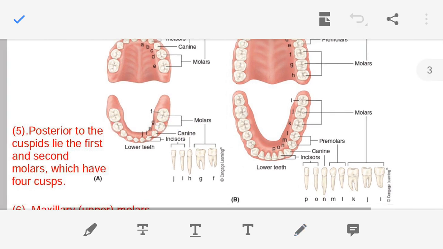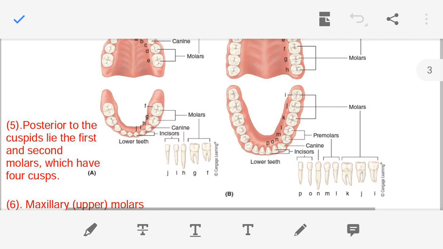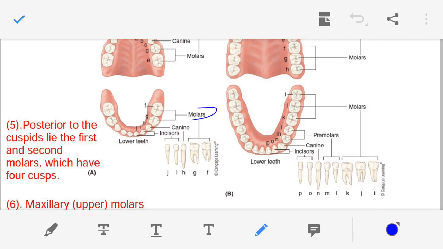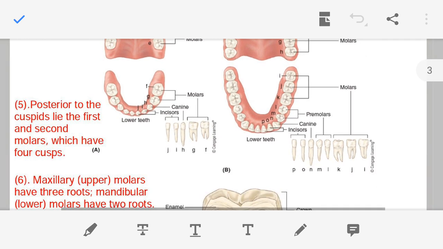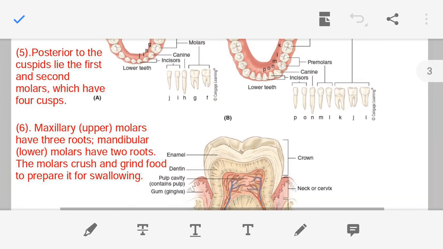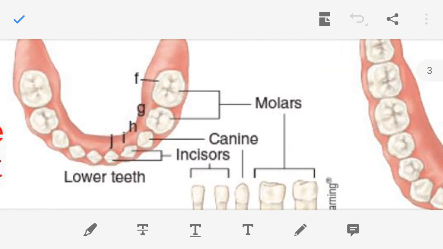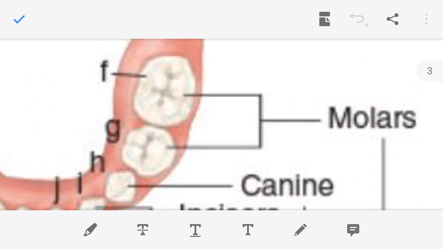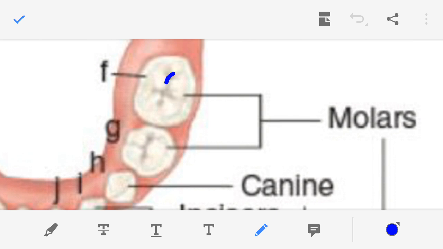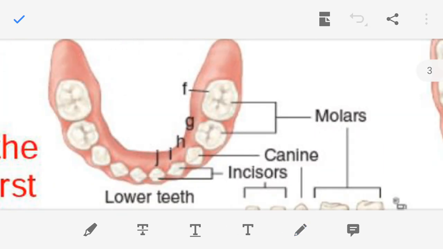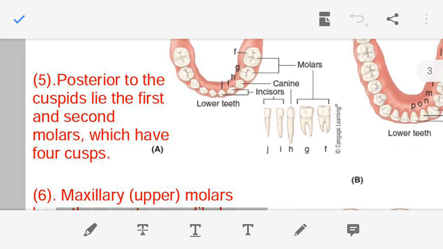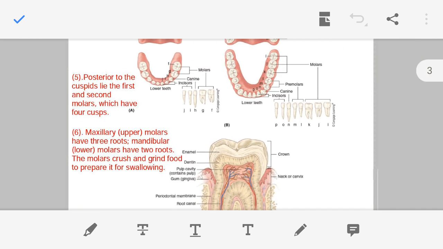Canines are directly followed by the molars, and these molars have 4 cusps. Here, this is first, second, third and fourth. So in the molar, 4 cusps are present.